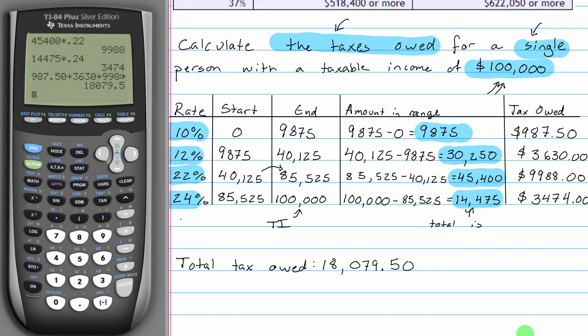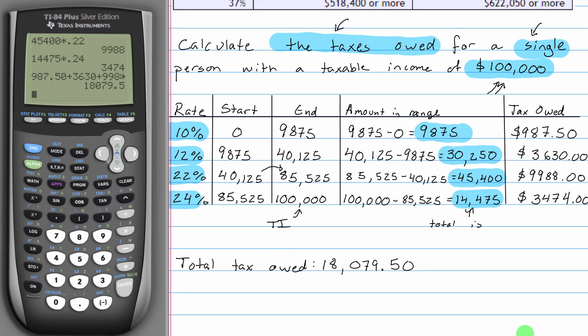And depending on what their actual deductions were, it's going to be less than 18% of their total gross income. That is, all of the money that they got paid from their job. So that's how we calculate the taxes owed using a tax bracket, pretty much by hand.